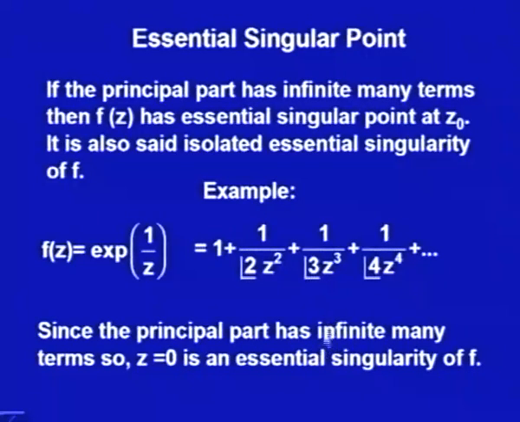Now, we had used this Laurent series or the principal part to classify the isolated singularities. We had made actually 3 kinds of classification. One is essential singularity, another is poles, and in the poles again we have made 2 things, that is simple pole and pole of mth order.